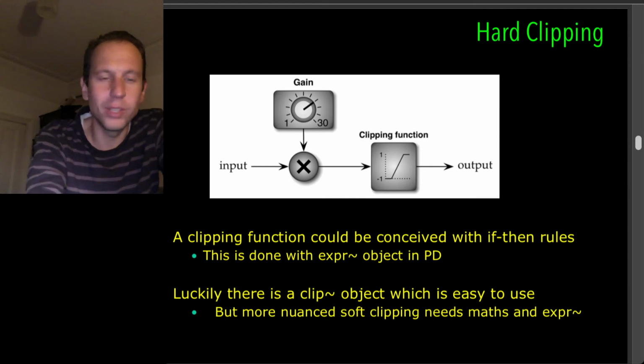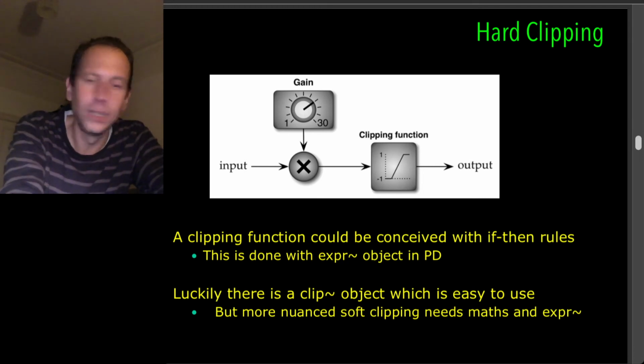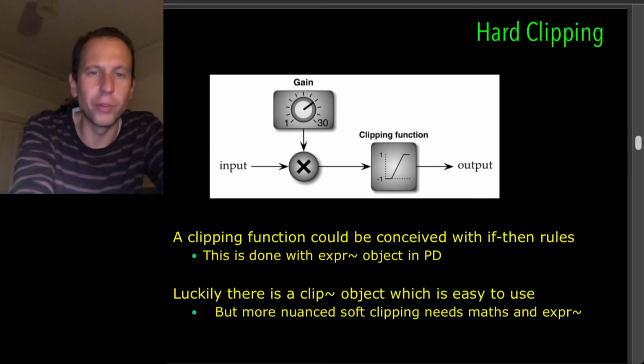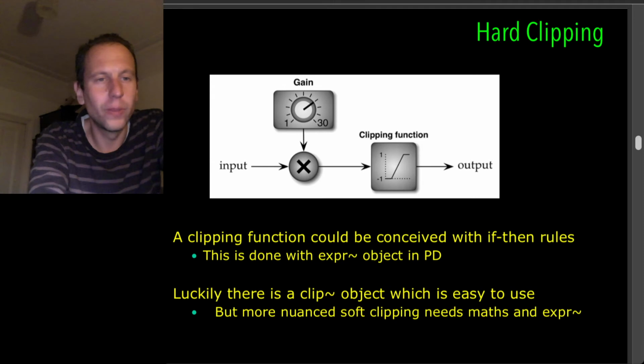Now, there is a simpler solution here as well. In PD we have a clip tilde object, easy to use, 2 parameters, upper threshold, lower threshold. This is the one we will start with in the workshop.